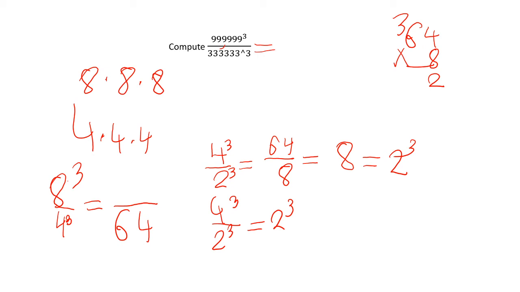Adding it up, we get 512. Now we already know that 512 divided by 64 tells us our answer is going to be 8.